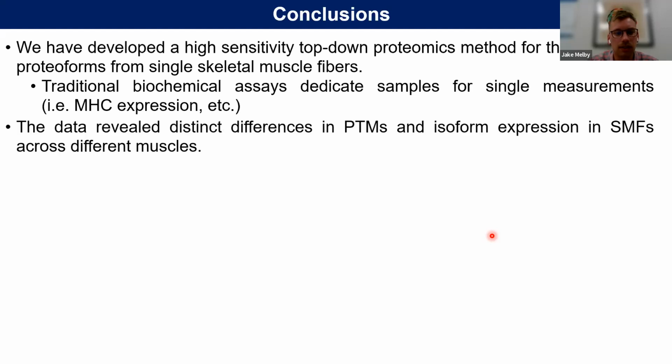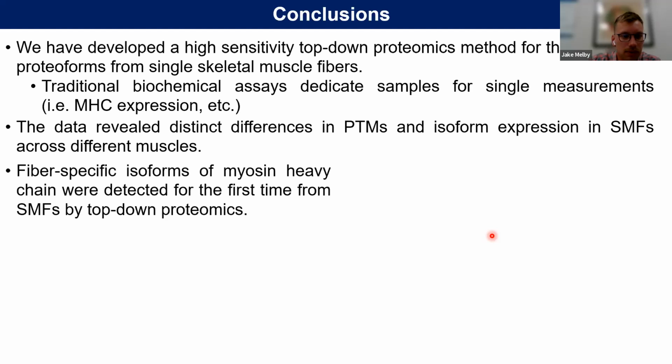The data show that there are distinct differences in PTMs and isoform expression across the different muscles, and that there are fiber-specific isoforms of myosin heavy chain that we detected for the first time from single muscle fibers from the intact lens.